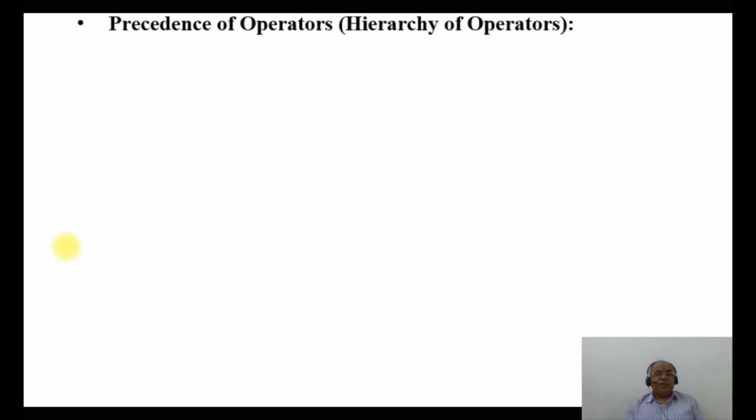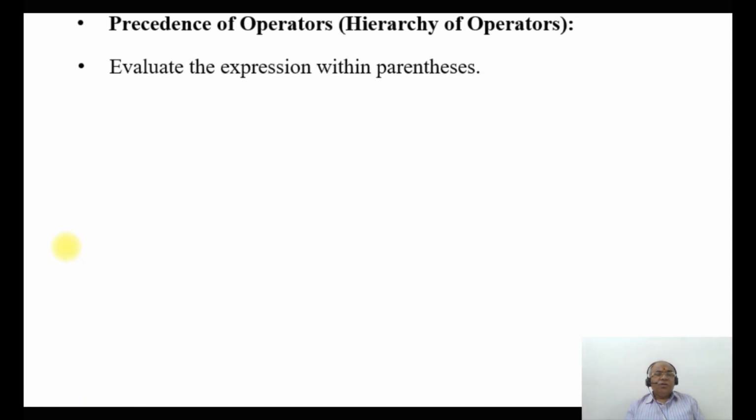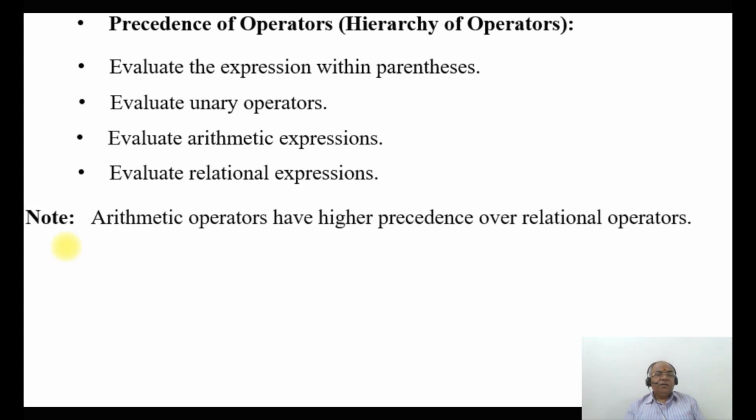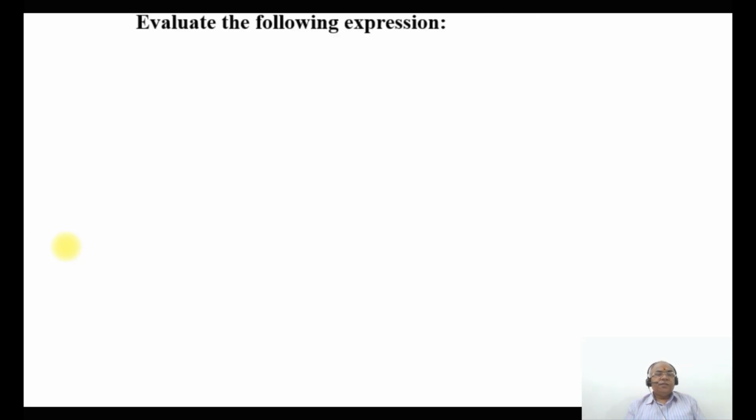Then precedence of operators, the hierarchy of operations. Evaluate the expression within the parentheses, like what we have done earlier. Evaluate unary operators first, then arithmetic expressions, then relational expressions. Note that arithmetic operations always have higher precedence over relational operations.